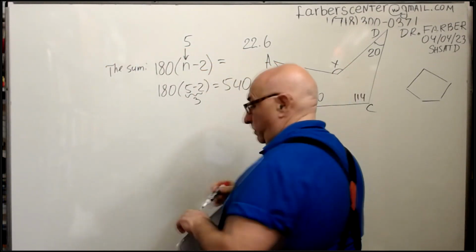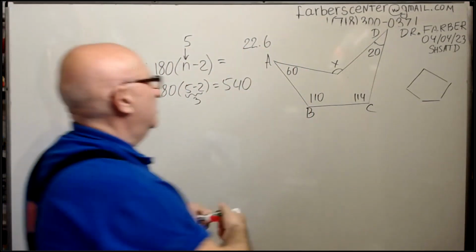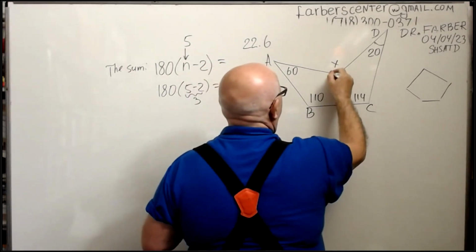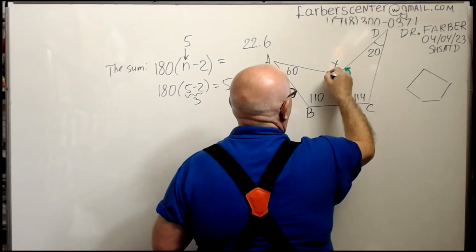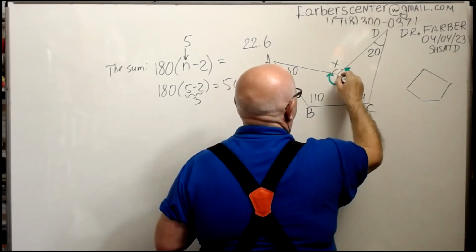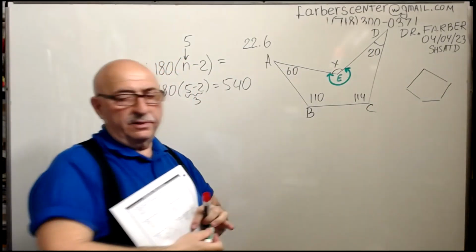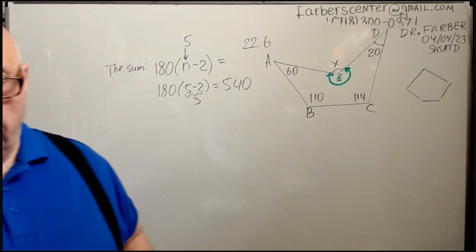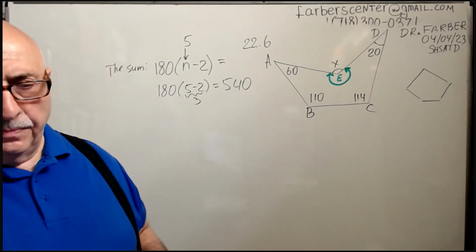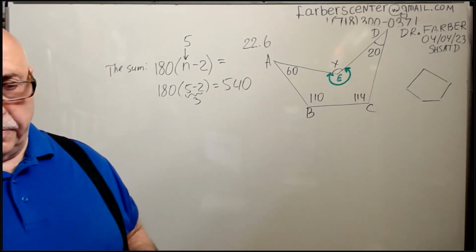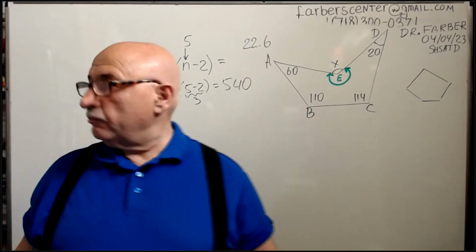I take a different color. Let's say green. And I ask you how you name this green angle at this point. Who knows how you name this green angle? Yes, reflex. Reflex angle. And you know what reflex is, right?